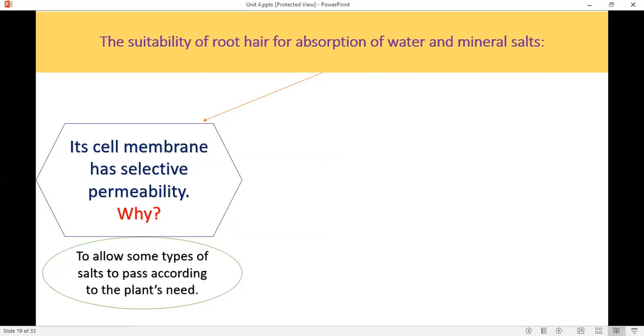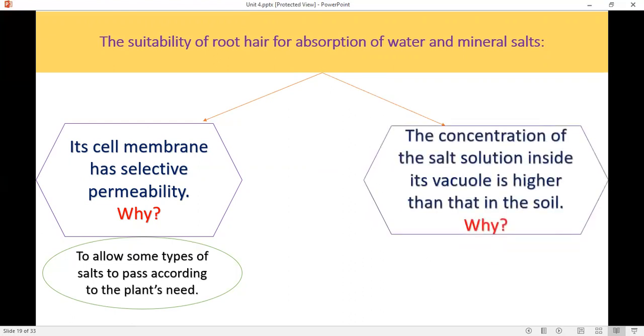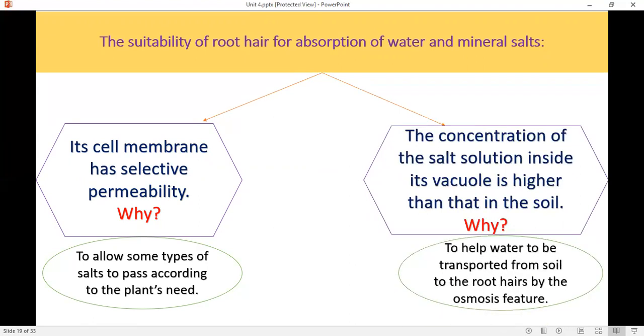The soil contains different salts, but according to the plant's need, they enter inside the cells, which is called selective permeability. Also, the concentration of salt solution inside the vacuole is higher than the solution outside of the vacuole, which is in the soil, which helps water to transport from the soil to the root hair by osmosis.